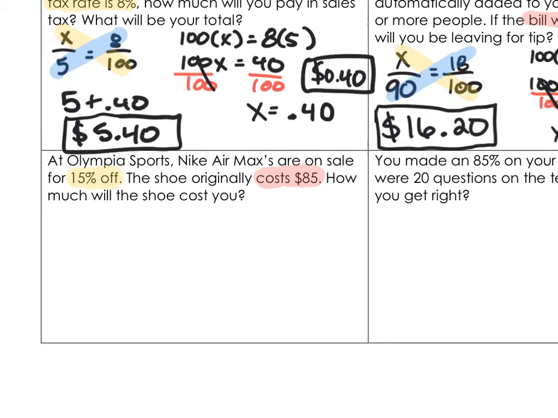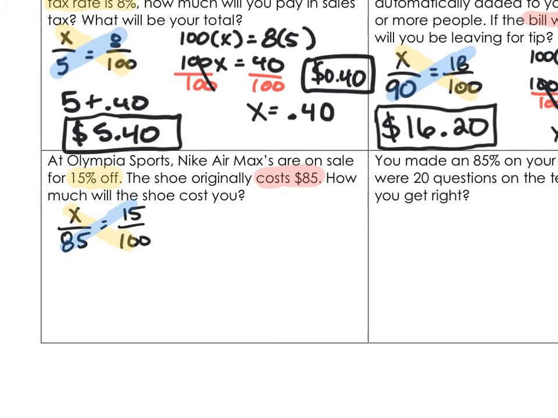Right now, we don't. All right, so what we have to do is figure out what that total would be. What is 15% of 85? So you've got to set up your proportion. You don't know your part, but you know your total cost was 85. And you're trying to figure out what would be 15% of that, so 15 over 100. So you've got to solve that ratio out.